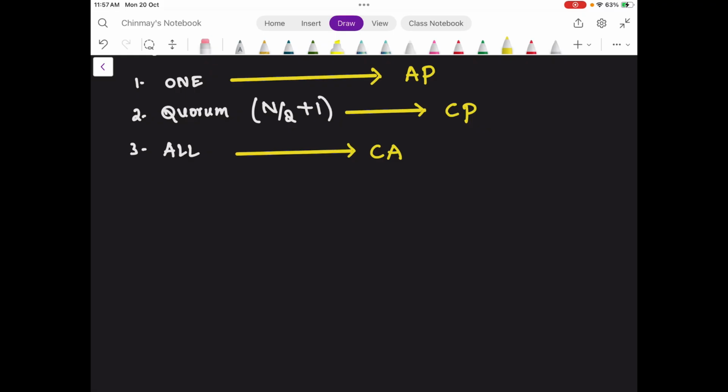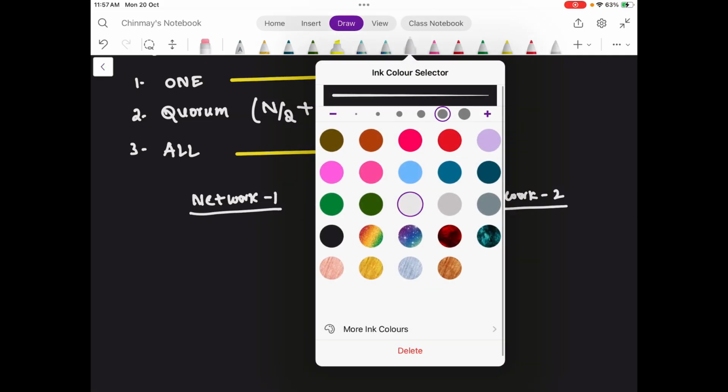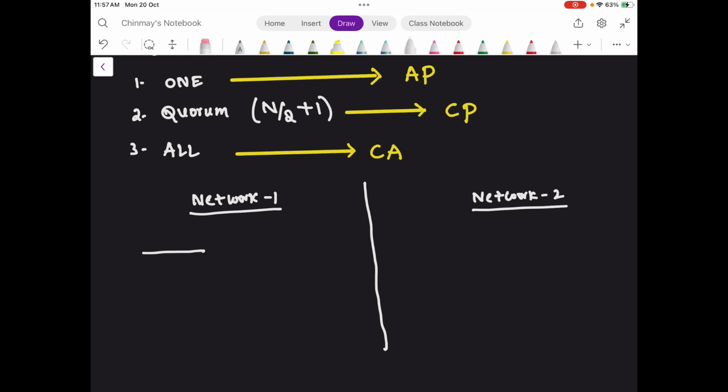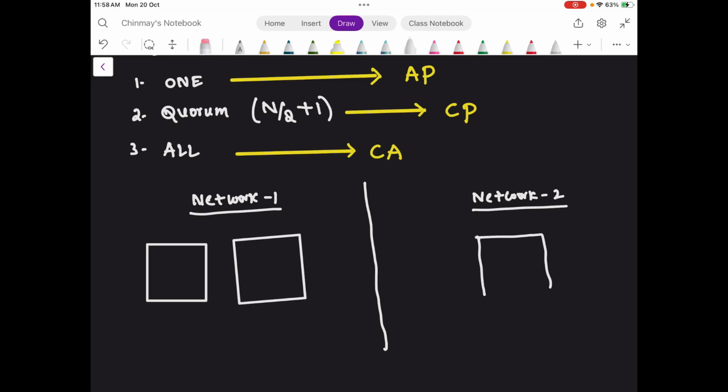Let's discuss this one. Simple. Like MySQL, we have 2 networks: network 1 and network 2. In a similar way, we distribute our replicas: 2 replicas in network 1 and 1 replica in network 2.